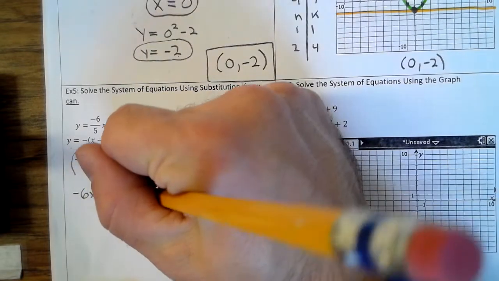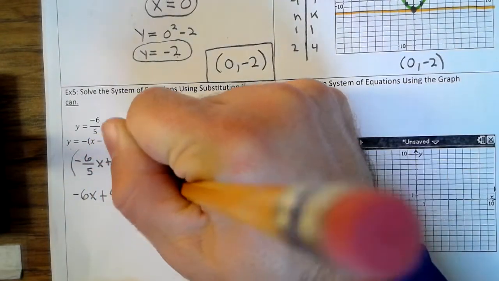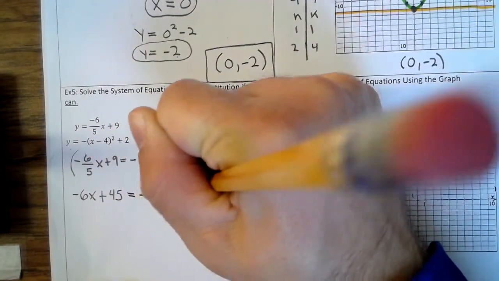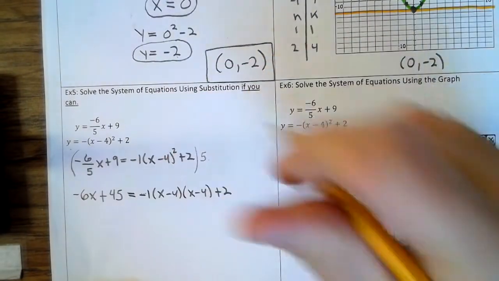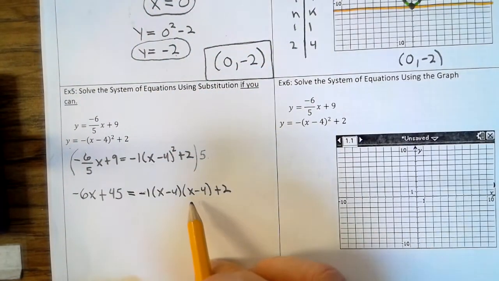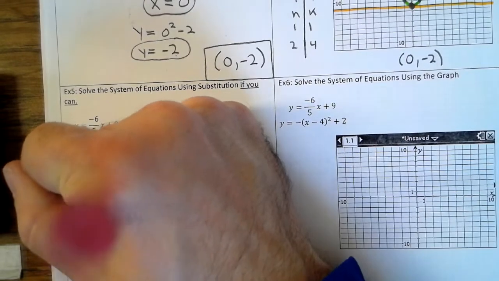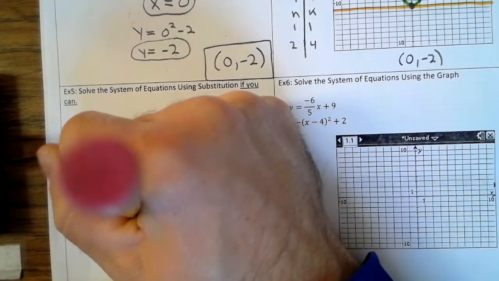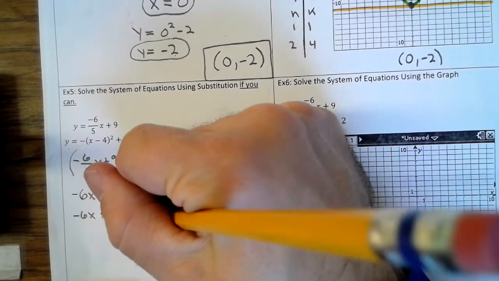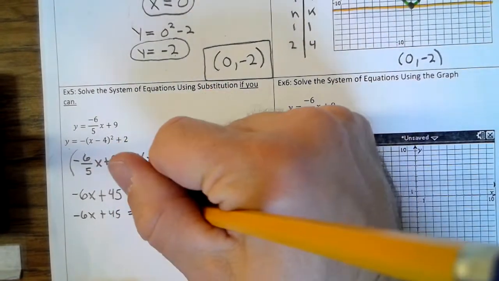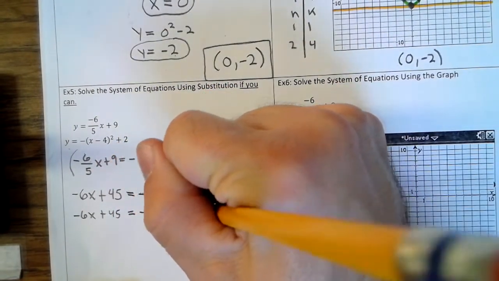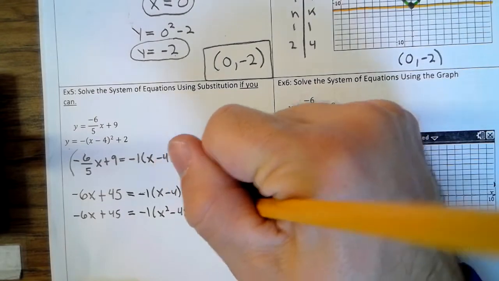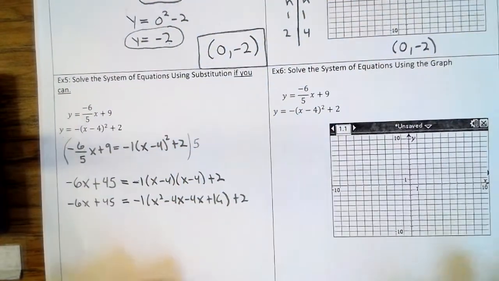So then that's -1 times (x - 4)(x - 4) plus 2. We need to FOIL this, so we're not doing anything with this side. -6x + 45 = -1(x^2 - 4x - 4x + 16) + 2.